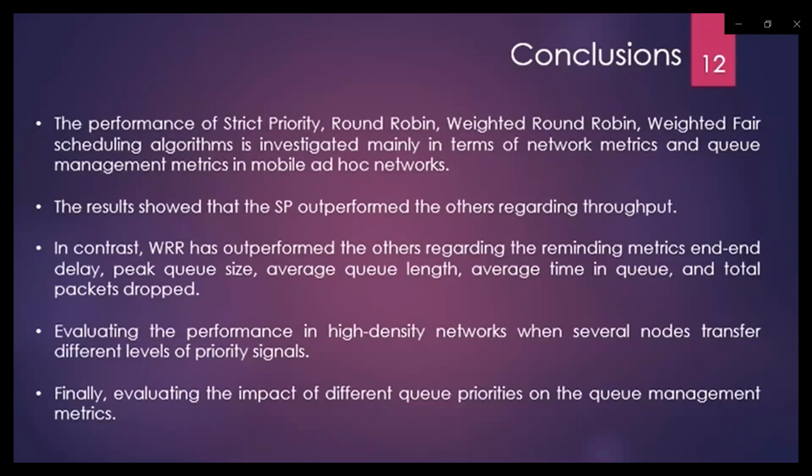Finally, we evaluated the impact of the different queue priorities on the queue management metrics. And again, we found that sometimes SP got better, and according to the results and the analysis, weighted round robin got better than the others.